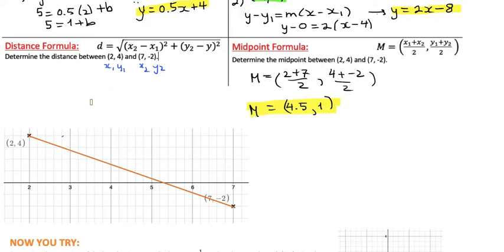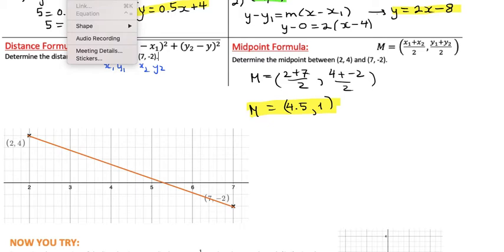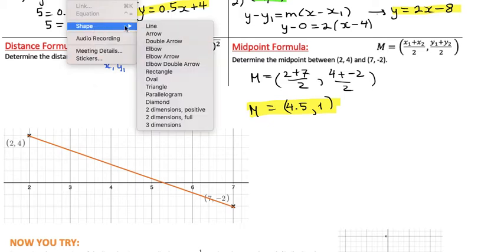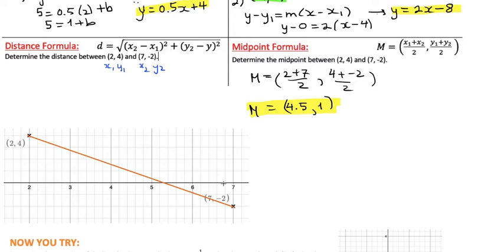Okay, the distance formula. So there's the formula, and you will always be given this formula, but I did just want to show you that all it is, it's just the Pythagorean theorem. Yeah, so this is our 2 points, the 2 and the 4, and 7 minus 2. And then this way, then you'll end up making a triangle, okay?